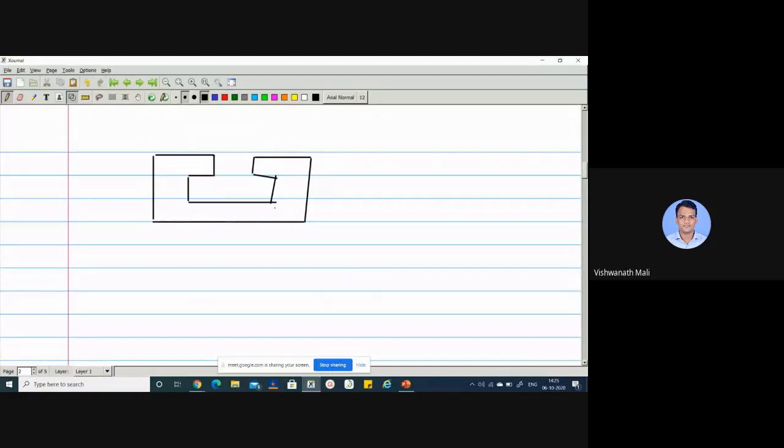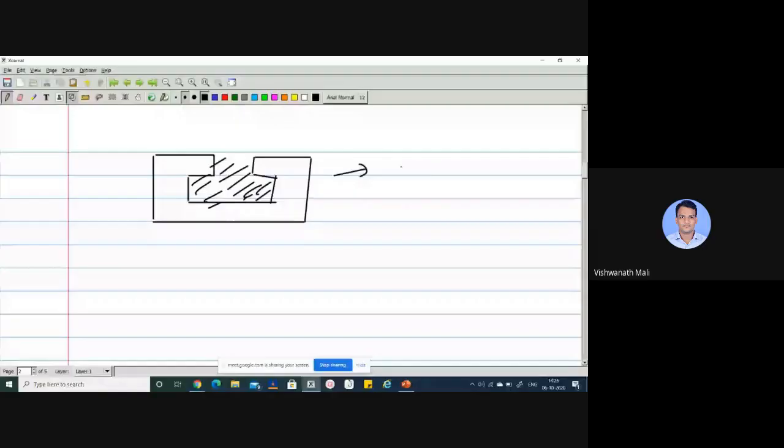This is a part which you want to produce with the help of casting, and this is the internal feature which you want to get with the help of casting processes. Right. First of all, you will make the core pattern, so you will make the pattern of this shape.